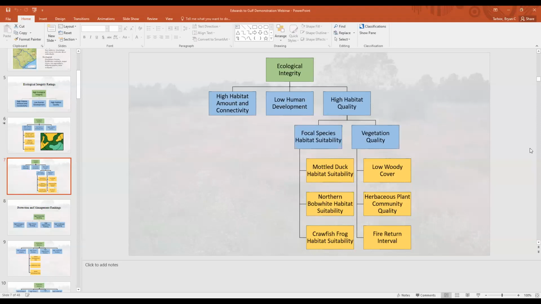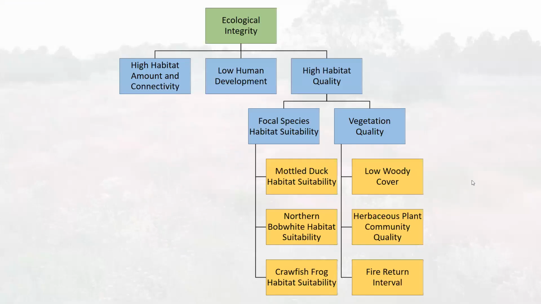So we used indicators like woody cover, herbaceous plant community quality, and fire return interval to give an idea of those vegetation metrics.